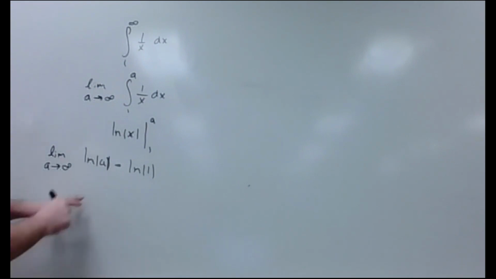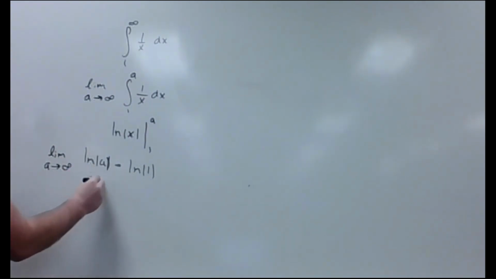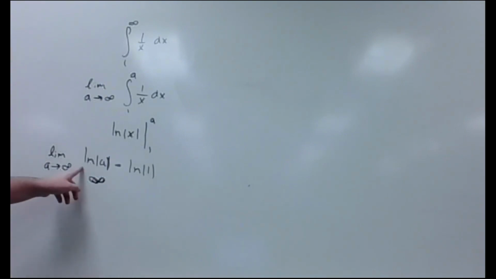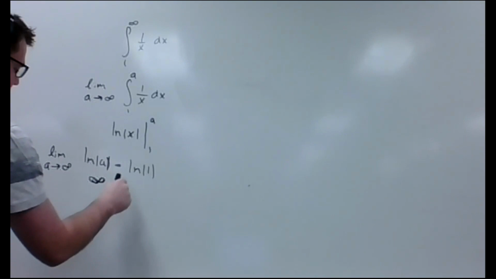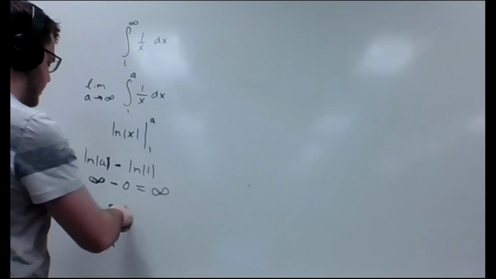As a approaches infinity, ln a also goes to infinity, right? The higher number you plug into an ln, the higher number you get out. So this just continues forever, and the ln of 1 is 0. So our answer in this case is going to be infinity.